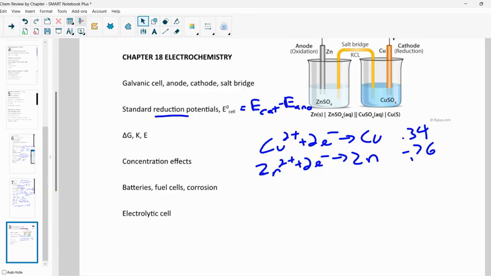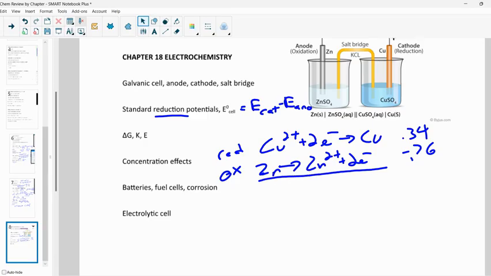All right. So if this is the cathode, this shows reduction. So what do I have to do with this equation when I go to write a balanced equation? This is going to get oxidized. Is this showing oxidation? So what do I have to do? I have to flip that equation around, and now I can add those up and get the overall equation for them, right?